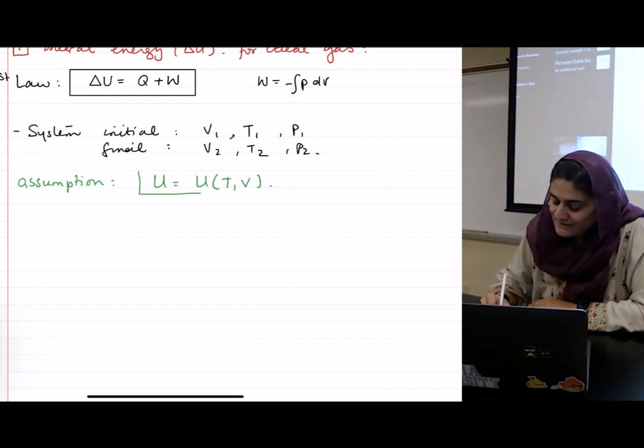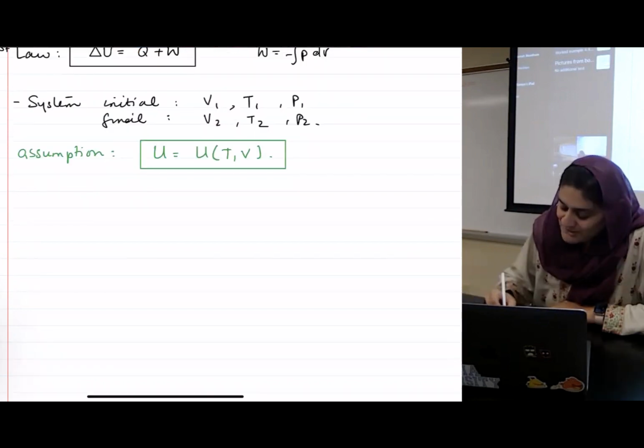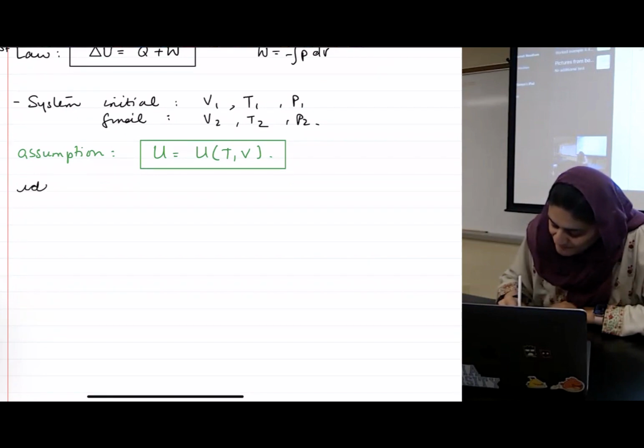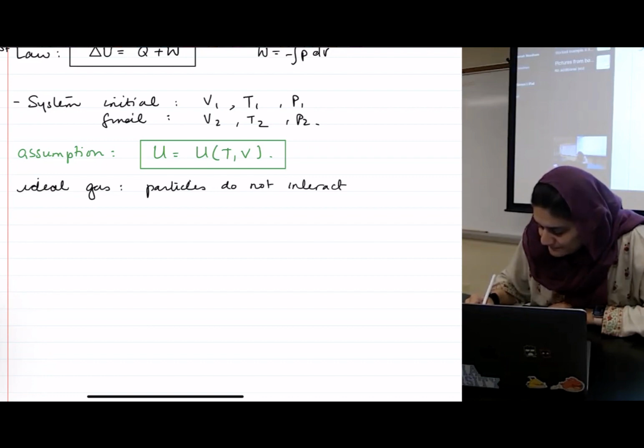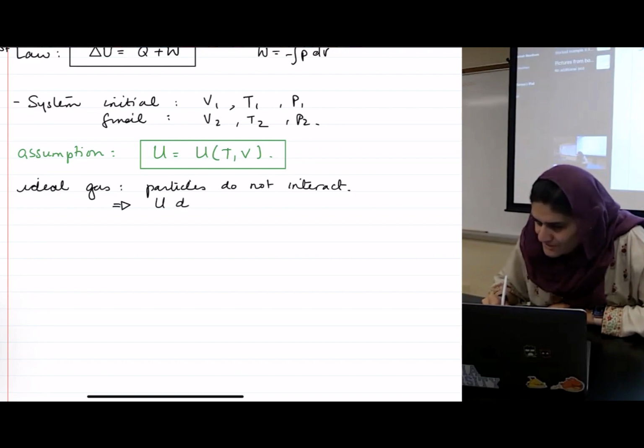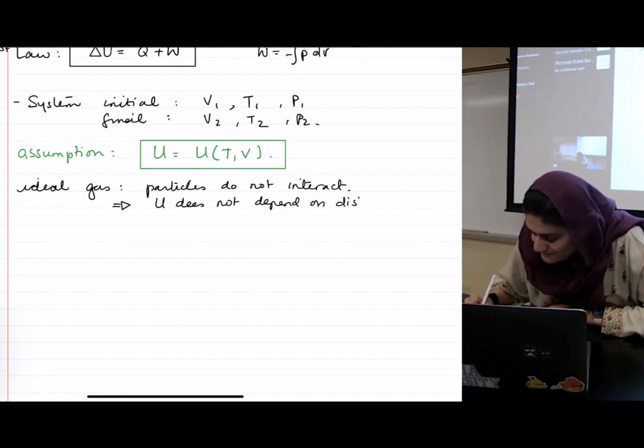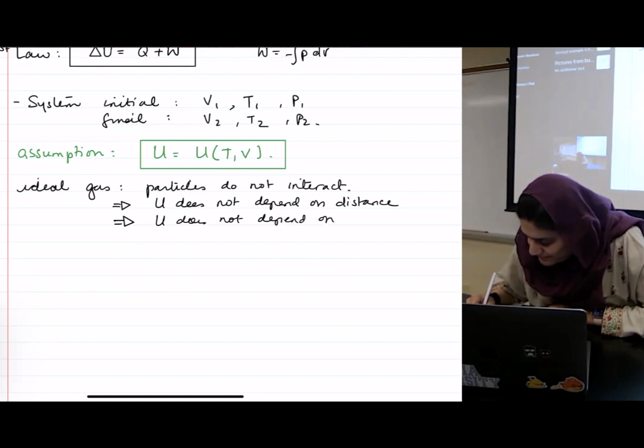And because I have an ideal gas, the particles do not interact, right? Which means U does not depend on distance, which means U also does not depend on volume, right?